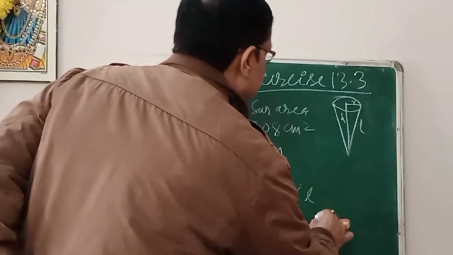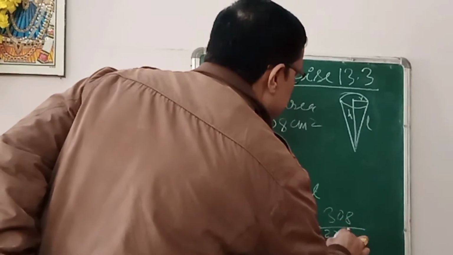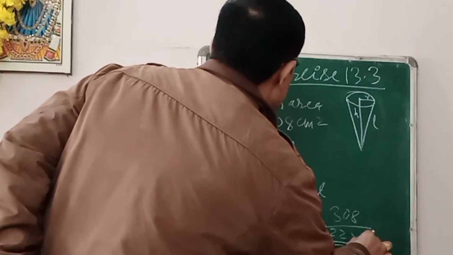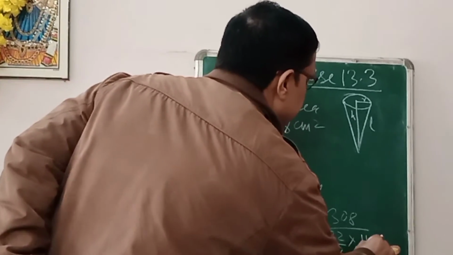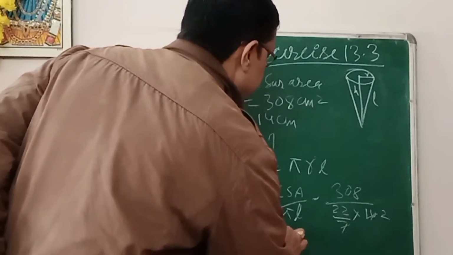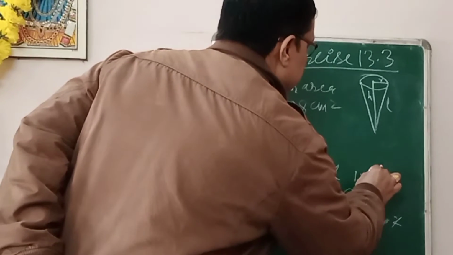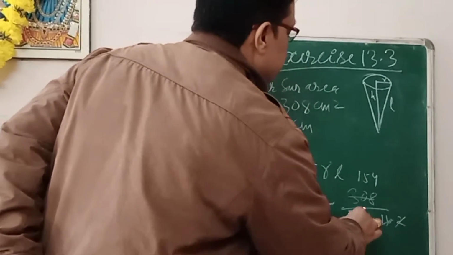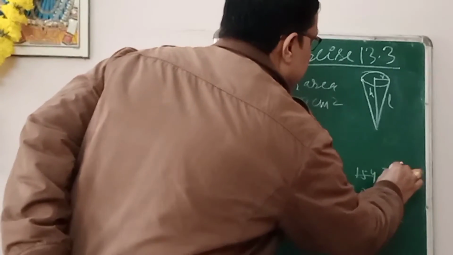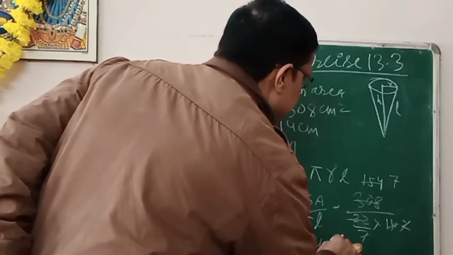What is CSA? 308, and upon 22 by 7 for pi, and L is 14. 7 2s are 14. So this is 22 by 4 and this is 7 times. So this is 7 centimeter.